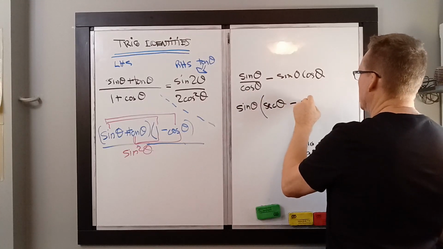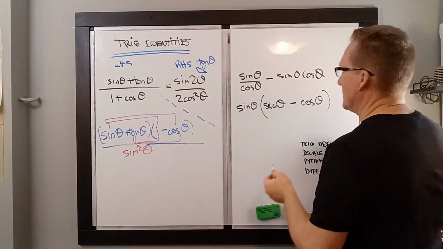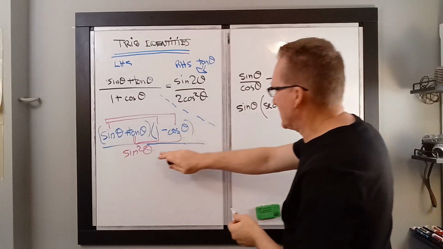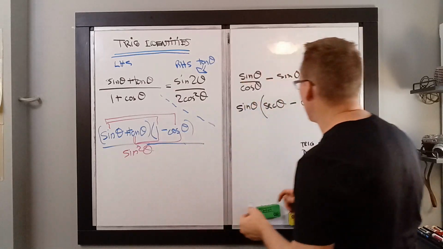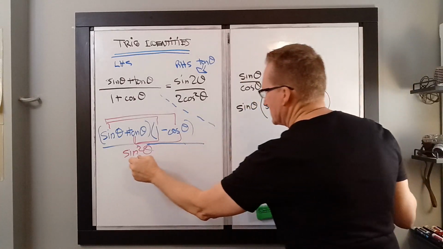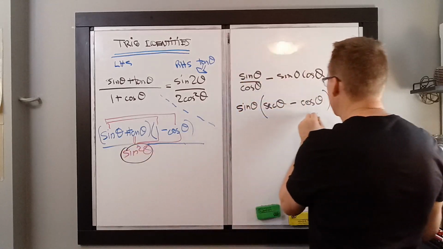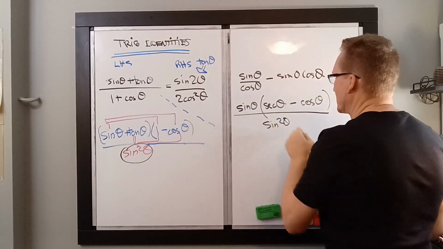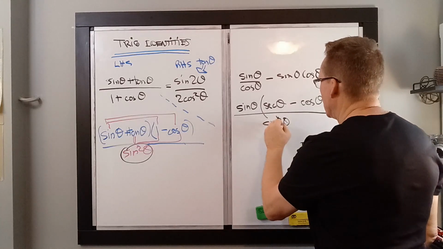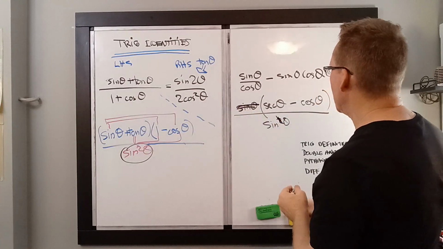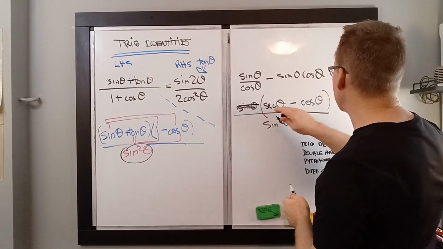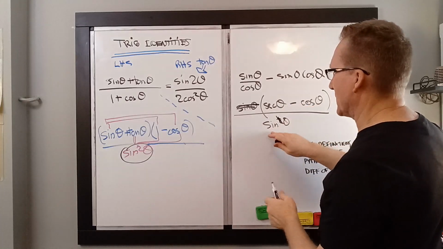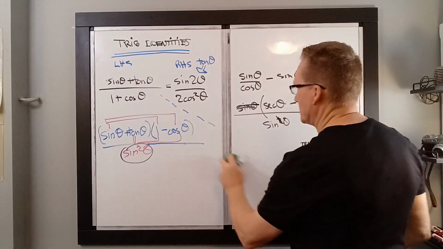Minus cos theta. Remember, all of this is divided by sine squared in the bottom here. So I'm going to take this now and put this all over sine squared theta. Here we have a sine squared and that, so we're able to cancel that. We're left with secant minus cos over sine. I'm going to rewrite that over here so we have room to work with it.